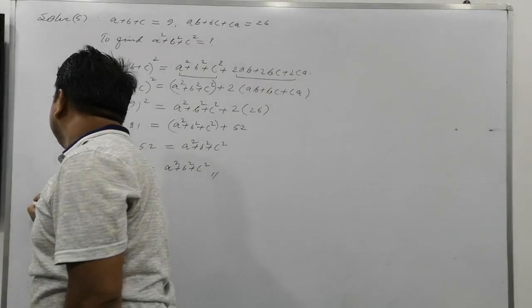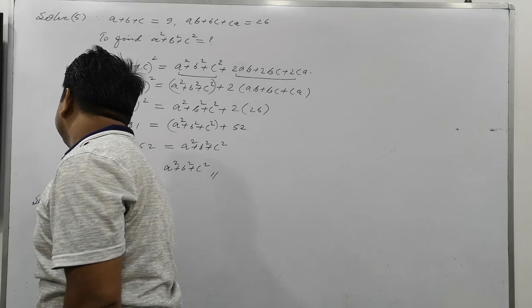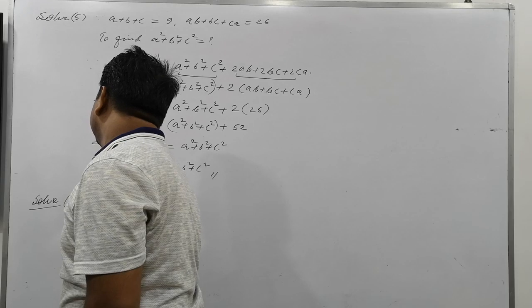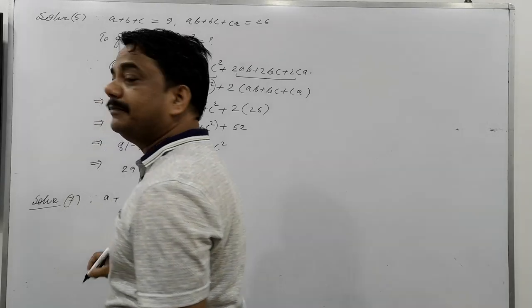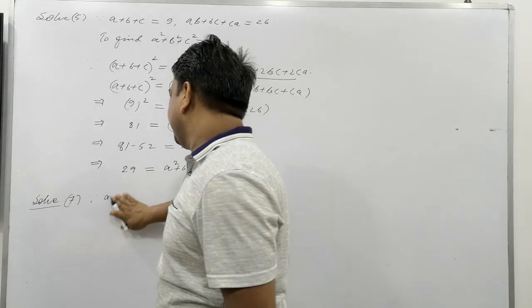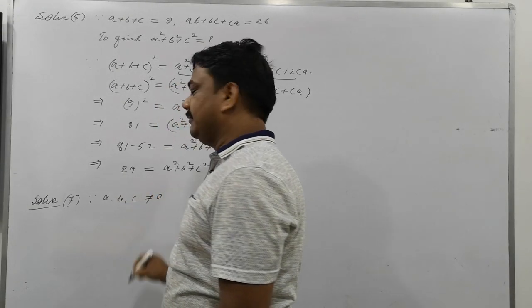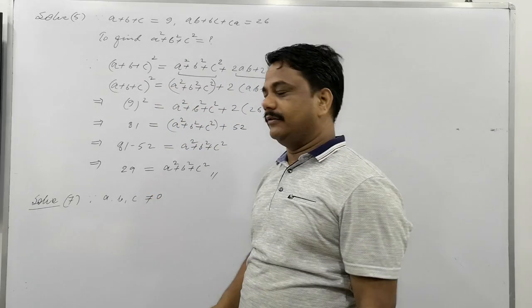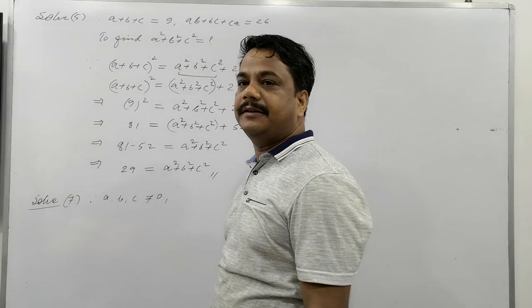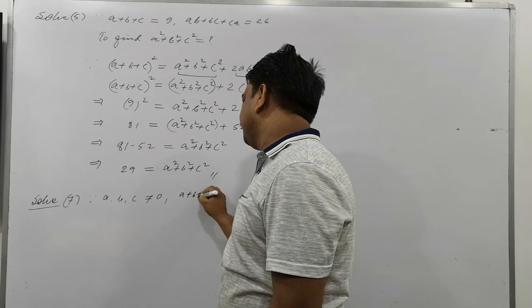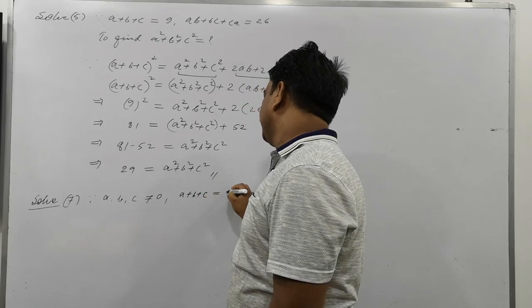Question number 7. What is the question number 7? If a, b, c are all non-zero, a, b and c are not equal to 0, okay? All means non-zero, they are not 0. Is that clear? Means none of them can be 0 here, okay? And a plus b plus c equals 0.